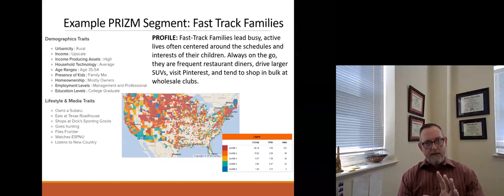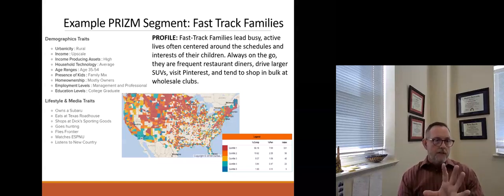The map gives you an idea of concentrations of where these people live. 66% of them live in the maroonish colors there. So a lot up in New England, a lot in the Midwest, a lot in the Mountain West, actually.